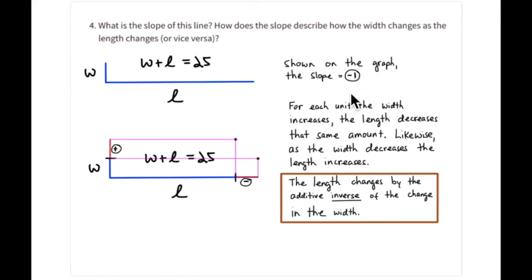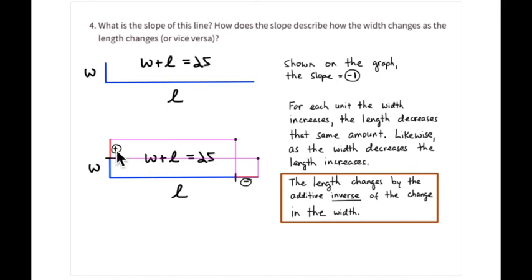So shown on the graph, the slope is -1. So for each unit the width increases, or every time the width increases by whatever number of units, the length decreases by that same amount. Likewise, as the width decreases, if I subtract an amount from the width, the length is going to increase by that same amount.